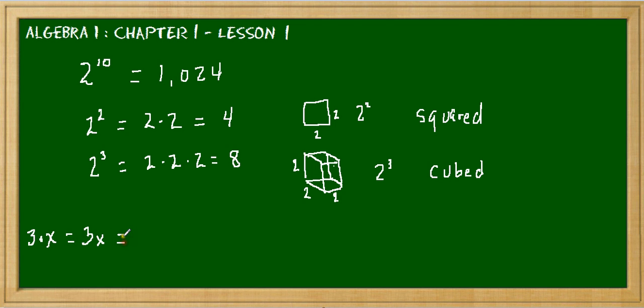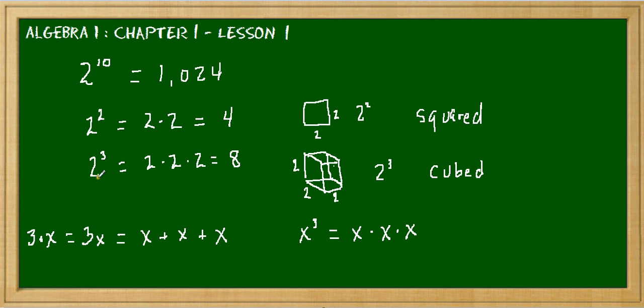Well, we know that that's basically x plus x plus x, okay? So it's 3 times x. Now, much different than when we say x cubed, okay? See, 3x and x cubed are not the same, because when we're raising to a power, we're saying x times x times x, which would be much different.